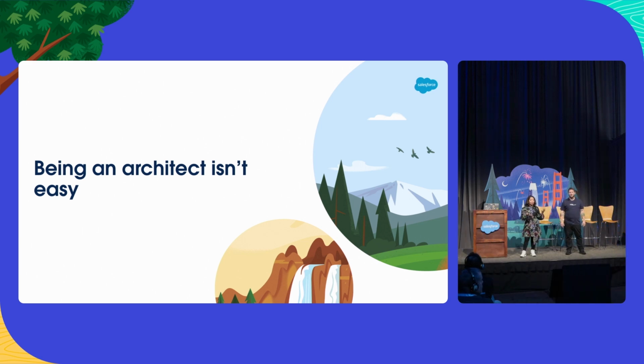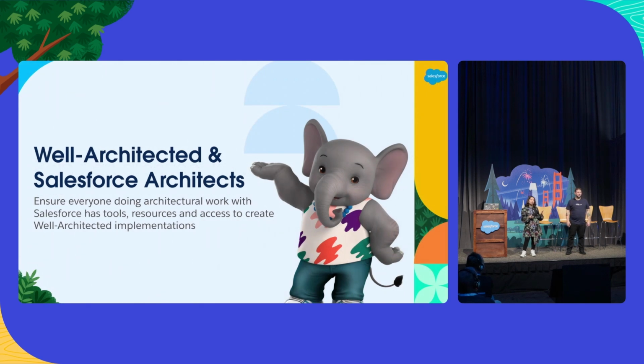So that's why at Salesforce we have the Well-Architected and Salesforce Architects team. That's the team that Tom and I are on. What we do full-time is ensure that anyone doing architectural work, whether you have the title of an architect or not, has the tools and resources available to do their best work and to create healthy, well-architected Salesforce implementations.